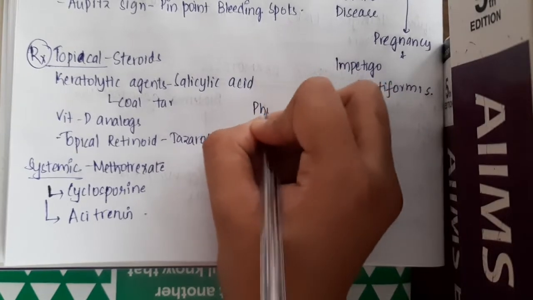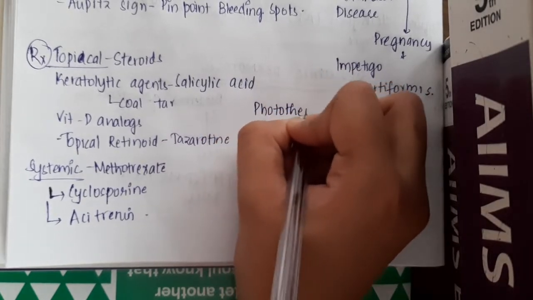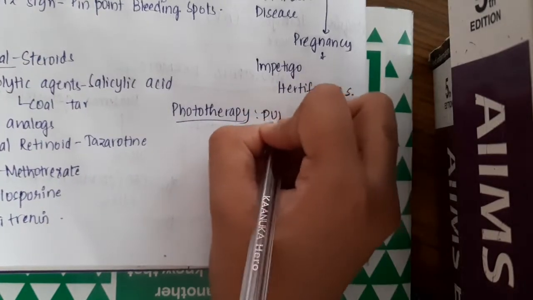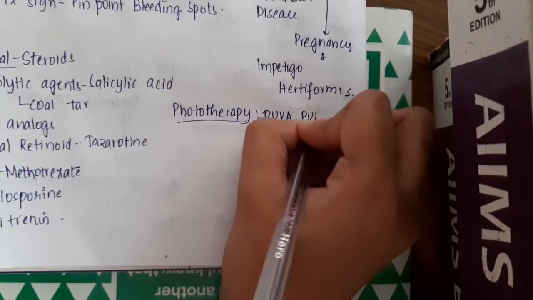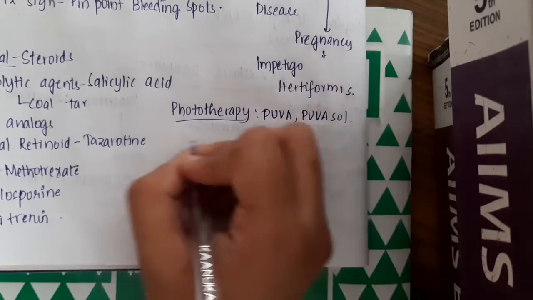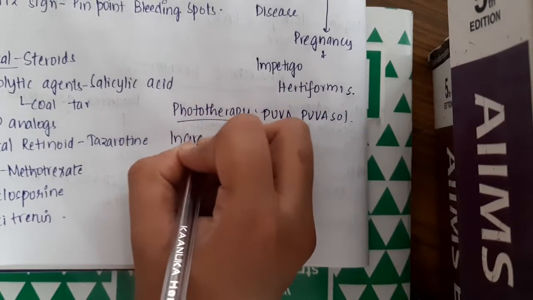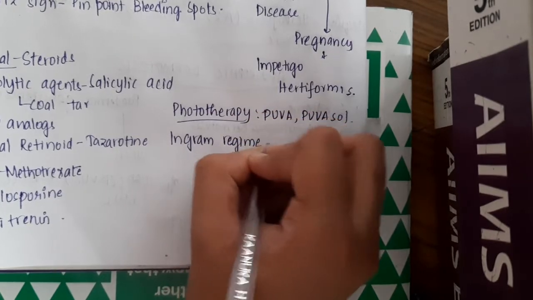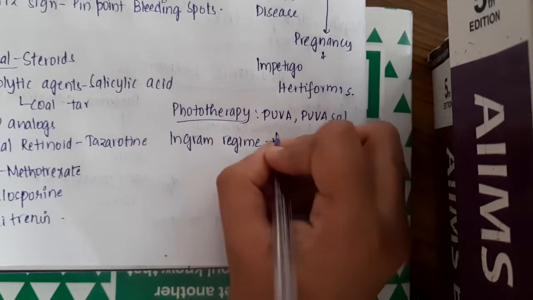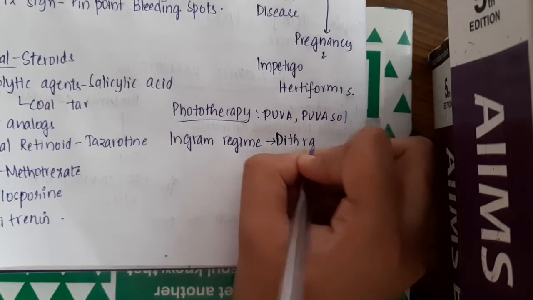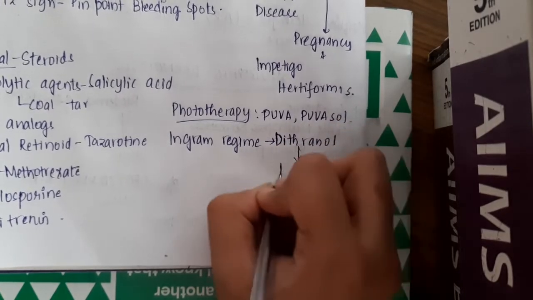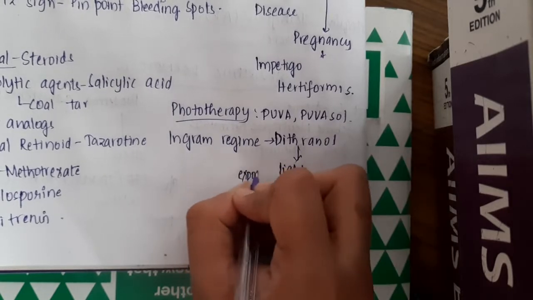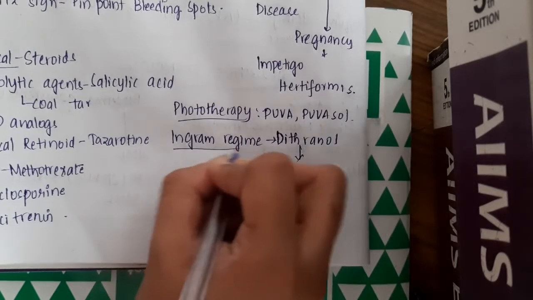Then we have phototherapy. In phototherapy, we can use PUVA or PUVASOL. All these can be used. We have a regimen called Ingram regimen, where you first give the drug dithranol, and after giving this drug you will expose the person, especially the lesion, to light.